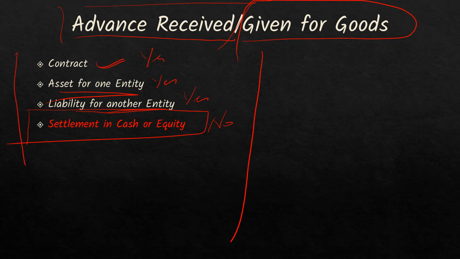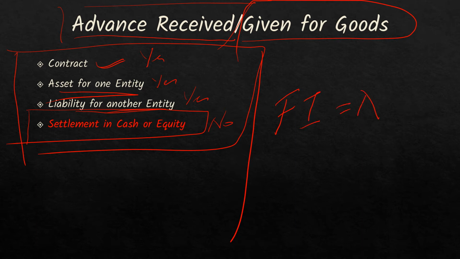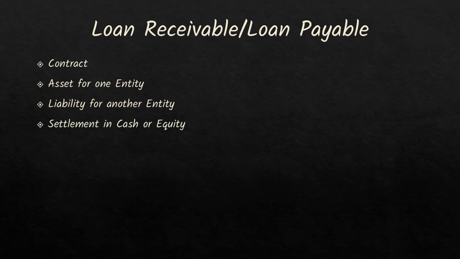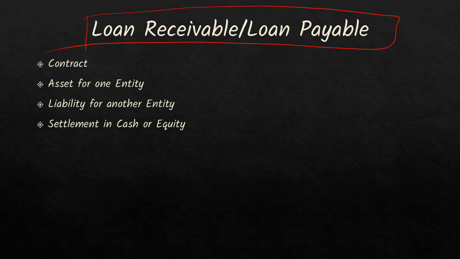If any of the conditions is not satisfied, it will not be a financial instrument. So advance received or advance given is not a financial instrument. So the answer is no. Let's see further: loan receivable or loan payable.